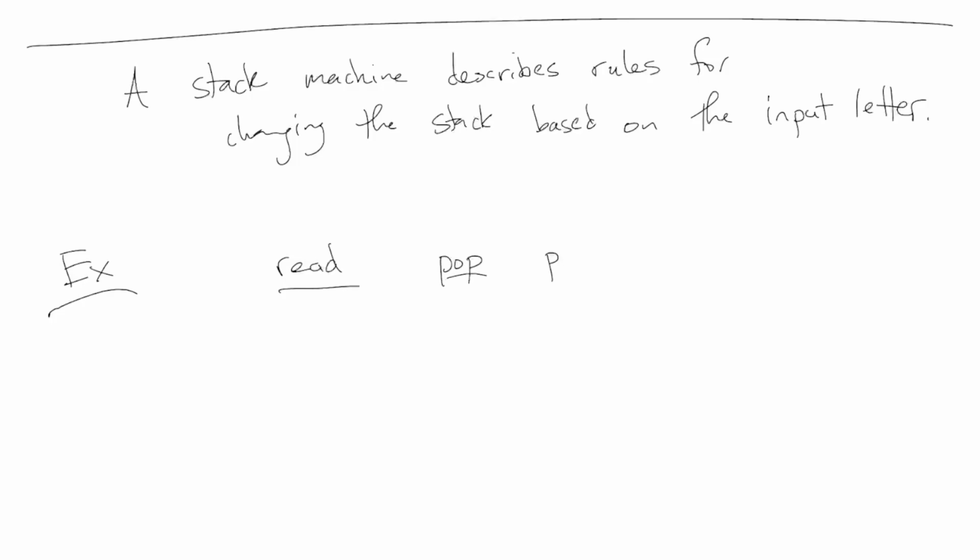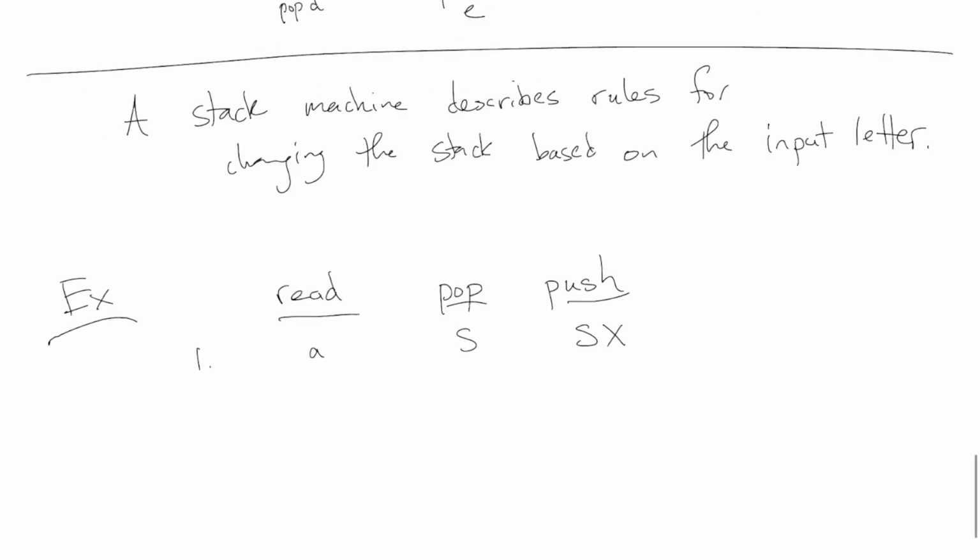And it's always going to look like read, pop, push. And sometimes I'm going to number the rules just so that they're easy to talk about. There is one typical rule. So what that means is when you read A, if you see S on the stack, you can pop that and then push S followed by X. All right.